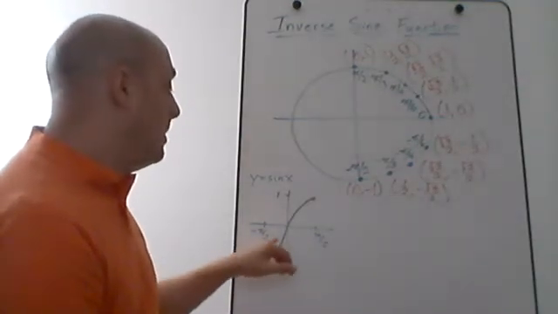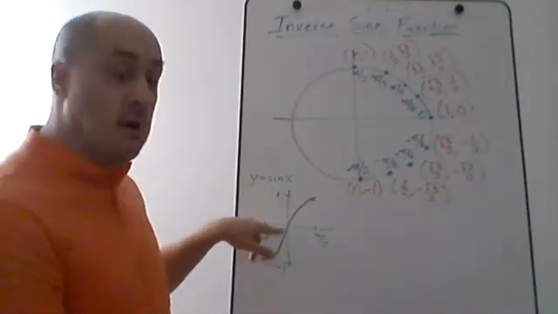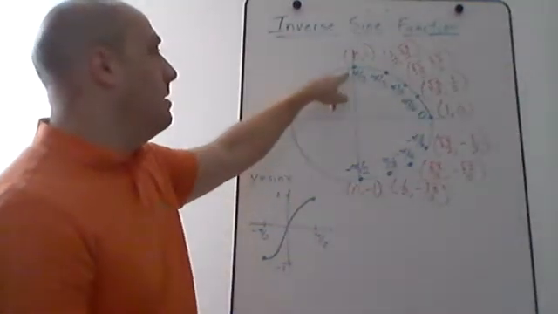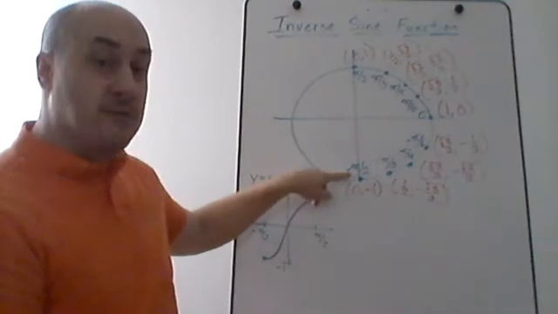What that means in terms of the unit circle: first of all, 0 is right here on the positive x-axis. Pi over 2 is up here on the positive y-axis. Negative pi over 2 is down here on the negative y-axis.